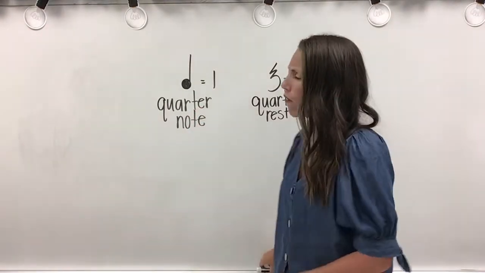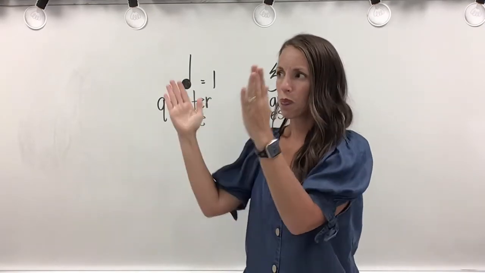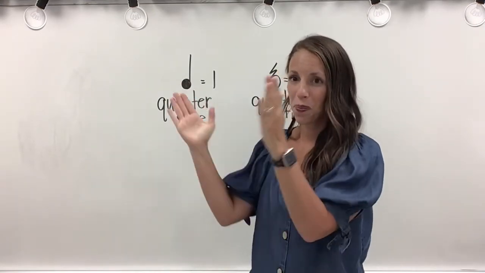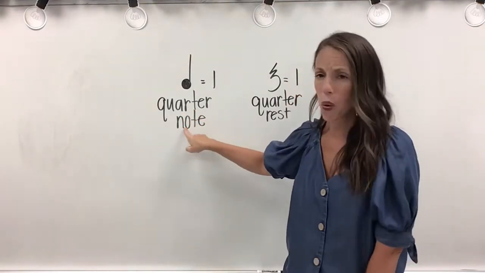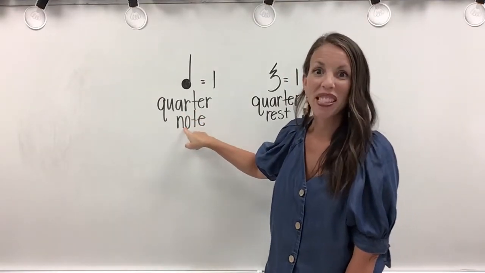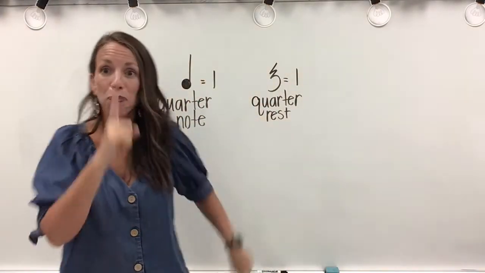Let's try playing 4 quarter notes again. Ready? And great job, because we remembered that a quarter note gets a beat of sound. Let's try playing the quarter rest again.